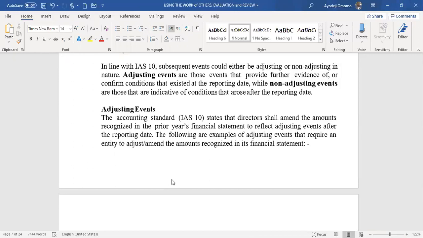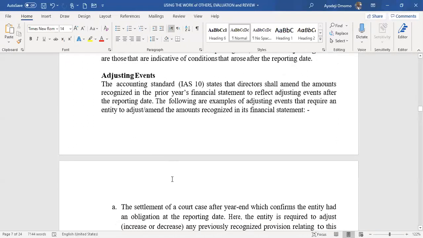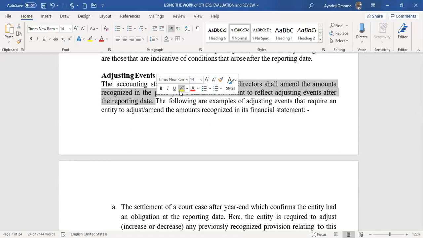I'll answer your question because it's actually your note, but let's continue. According to the IAS 10 accounting standard, directors shall amend the amounts recognized in the financial statement to reflect adjusting events as at the reporting date. Now, our problem is how do we determine which one is an adjusting event and which one is not?